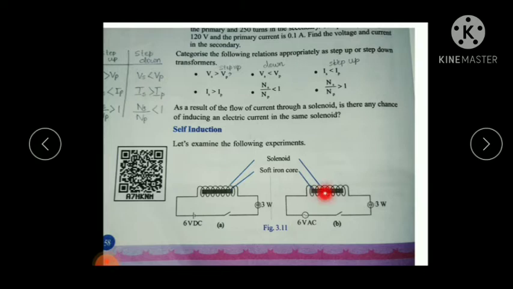In the DC circuit, a magnetic field is developed but not a varying one, except during switching on and switching off. In the AC circuit, a continuously changing magnetic field is generated.